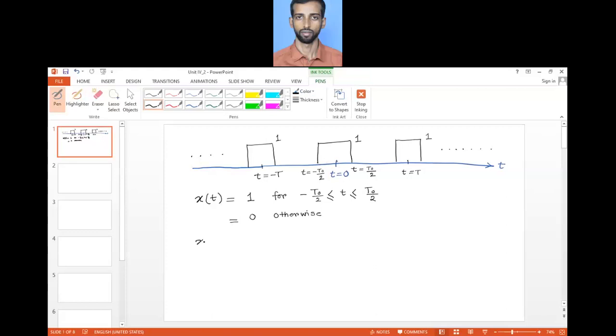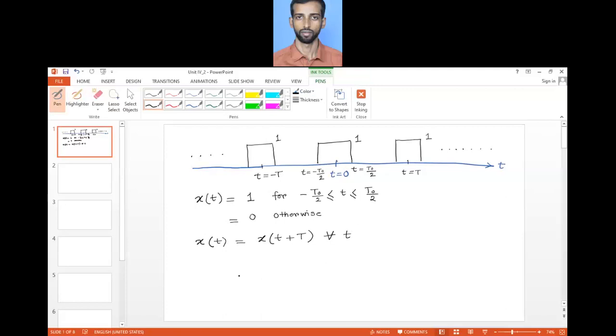And we also note that x of t is equal to x of t plus capital T. That is true for all t. So it's a periodic waveform, a periodic square wave, and we are in a position to represent the corresponding Fourier coefficients from that particular x of t.